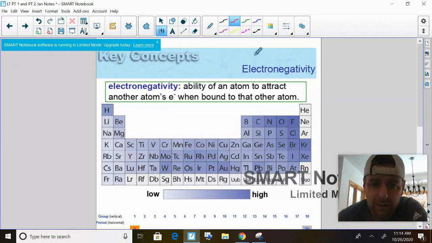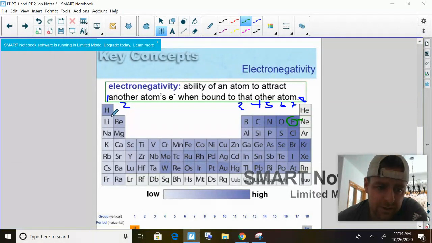If you remember, valence electrons 1, 2, 3, 4, 5, 6, 7, 8. Everything wants 8. And the ones that have the highest desire for electrons are the ones that have 7. They really want to get an electron really bad to get to 8.